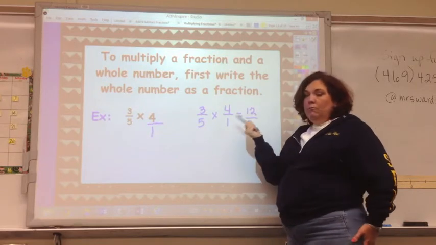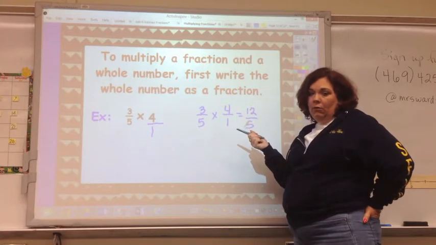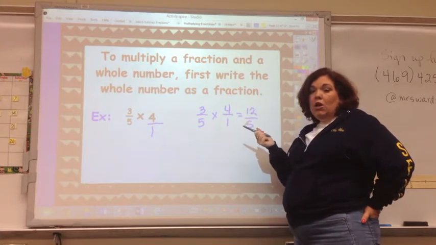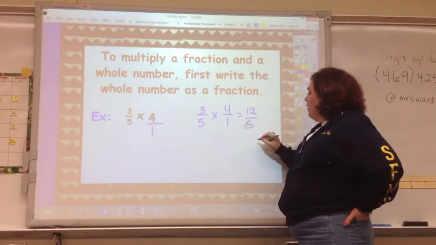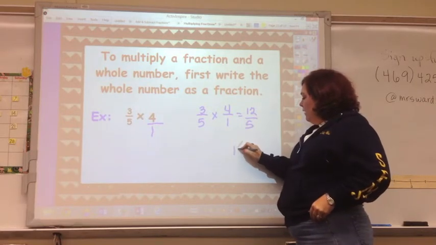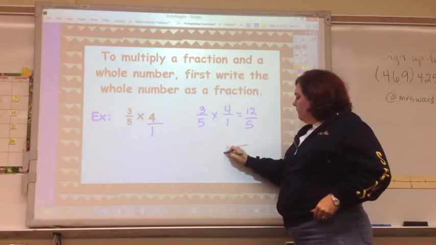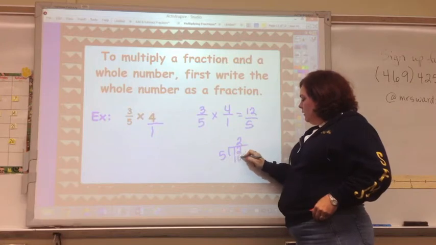Now, when you multiply fractions and whole numbers or fractions and mixed numbers, you're going to get improper fractions. So now I have to simplify. 12 divided by 5. 5 goes into 12 2 times. Bring it down.